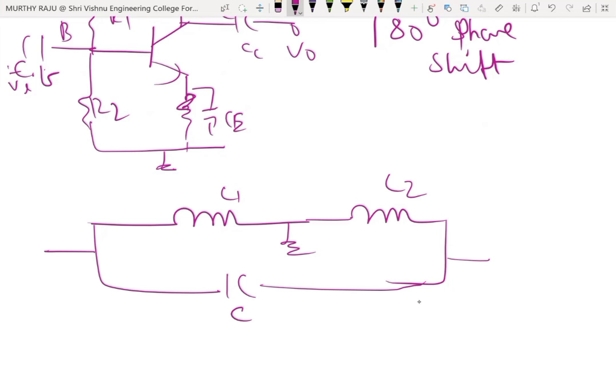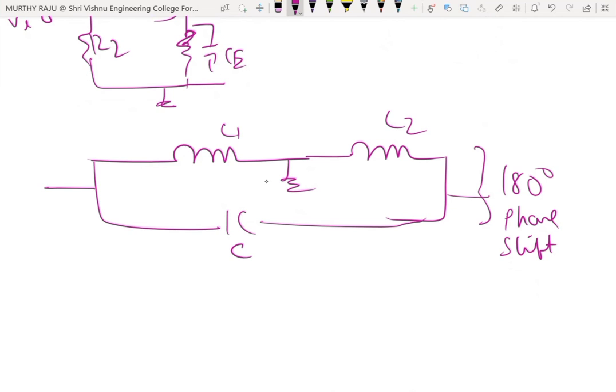This network provides 180 degrees phase shift, because two ends of L1 and L2 are connected to ground. Another two ends: L2 is connected to the output of the amplifier, and L1 is connected to the input of the amplifier. So a 180 degrees phase shift difference is there.